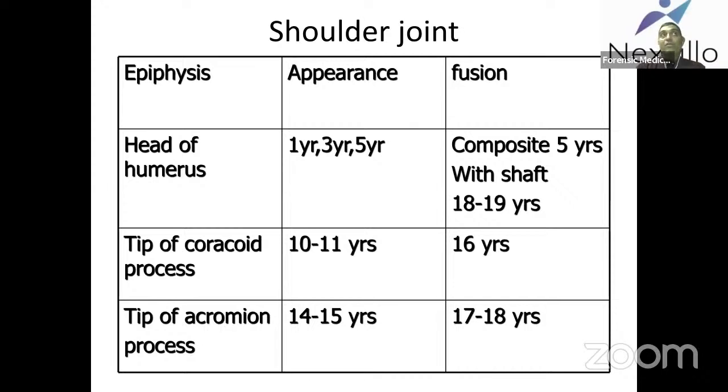So if you're taking a shoulder joint X-ray of a person whose age is not known, and you suspect an adolescent age, and the X-ray shows only the appearance of the tip of the coracoid process and not fused with the shaft, then that will be 10 to 11 years only. The tip of the acromion process appears at 14 to 15 years, but fuses around 17 to 18 years.